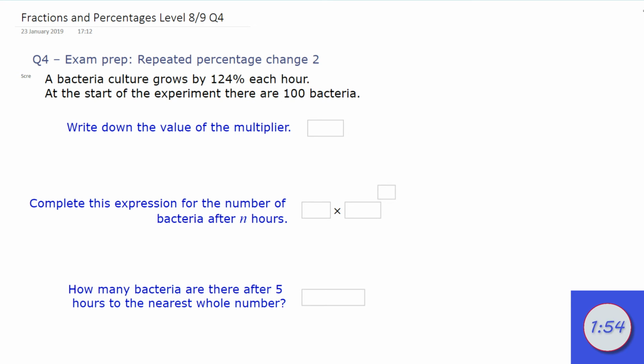Tip, if you've got 1.24 as your multiplier, you've made a mistake. You've increased by 124%, so the multiplier won't be 1.24.